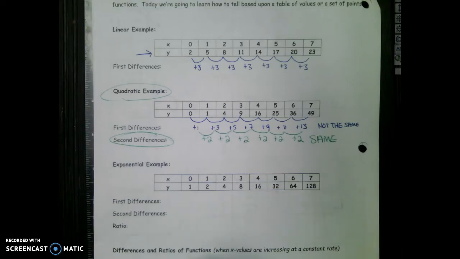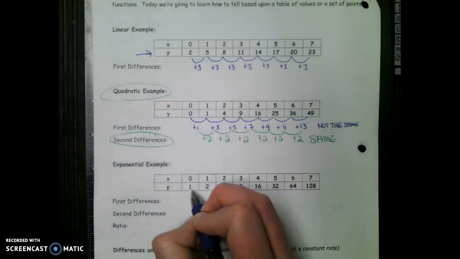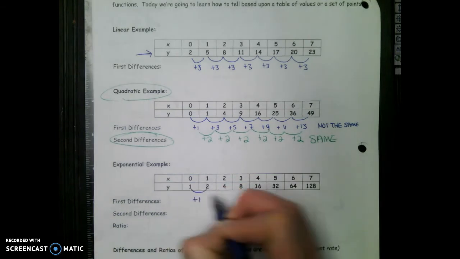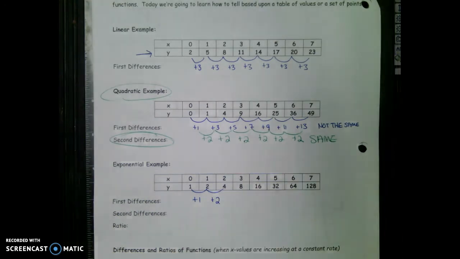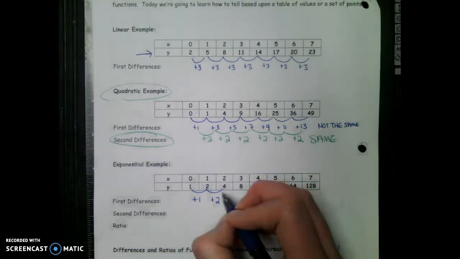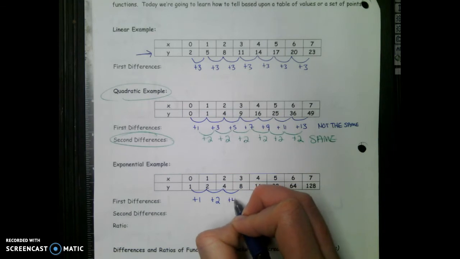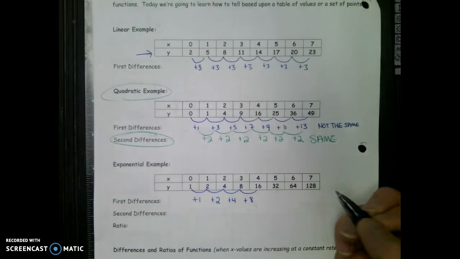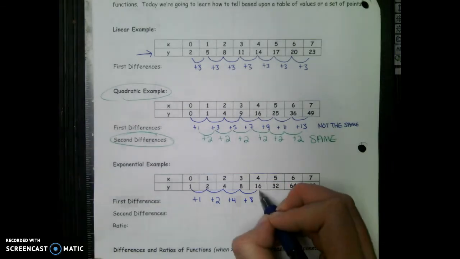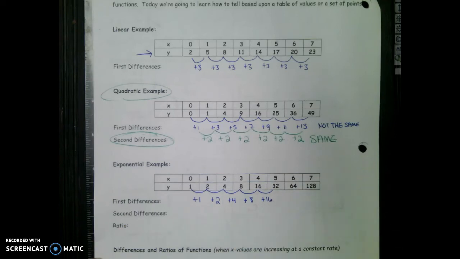All right, now let's look at exponential. From 1 to 2, that's adding 1. 2 to 4 is adding 2. How do you get from 4 to 8? 8 to 16 plus 8. 16 to 32 is plus 16.